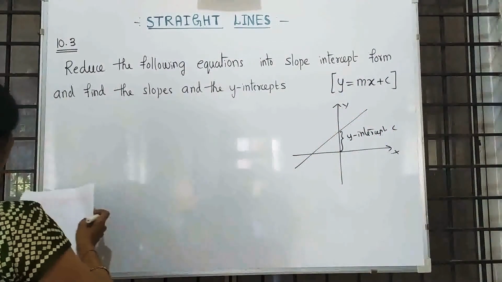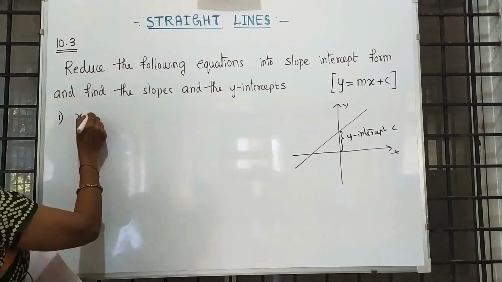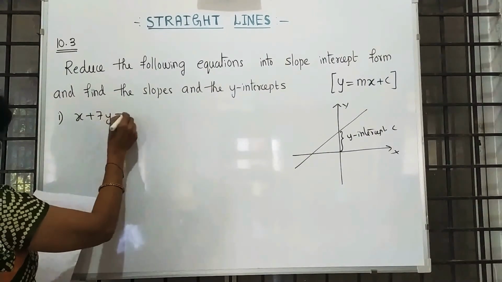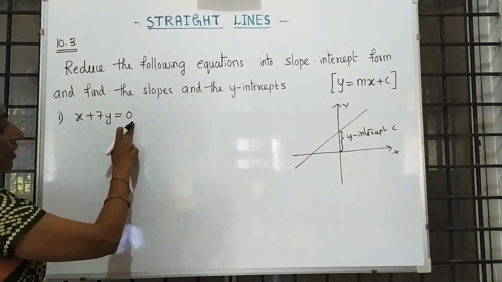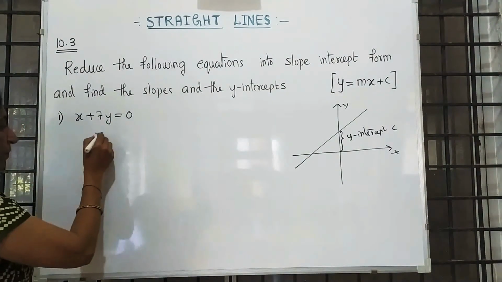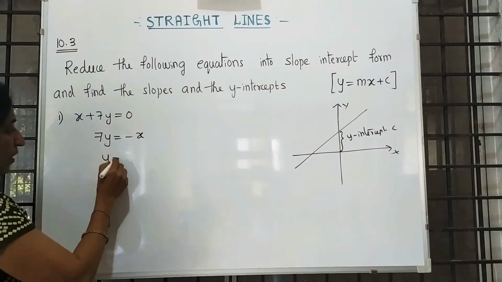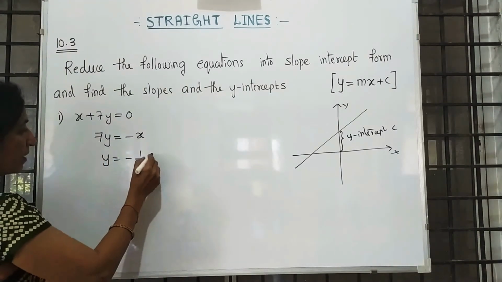You are familiar. Now the first problem, x plus 7y is equal to 0. We have to convert this into the form y is equal to mx plus c. Keep y on the left side, the remaining terms on the right side. It is y is equal to minus 1 by 7x.